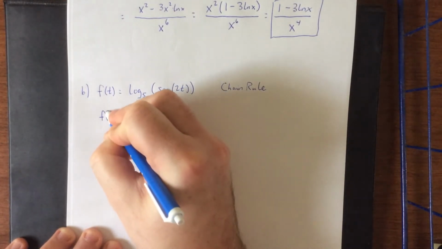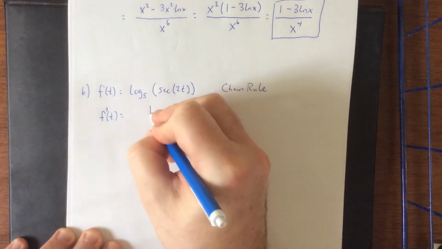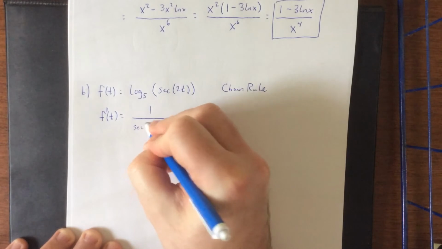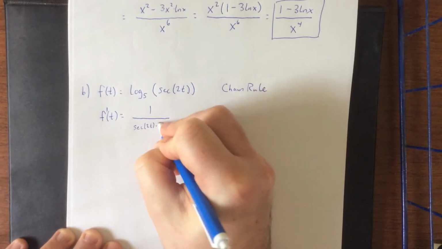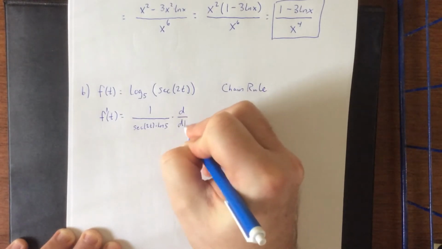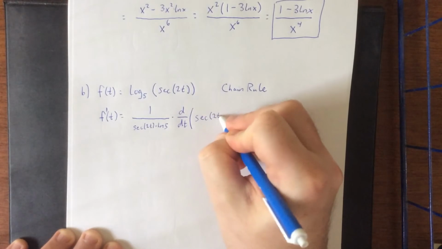So f prime of t will be, the derivative of a logarithm base 5 is going to be 1 over whatever the input was, times the natural log of 5, all in the denominator. And then the chain rule says, let's multiply by the derivative with respect to t of the secant of 2t.